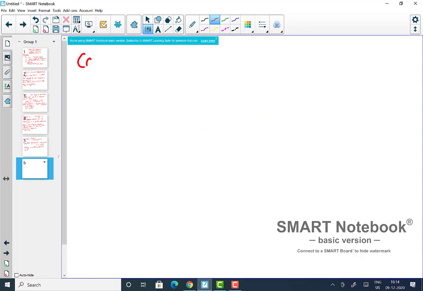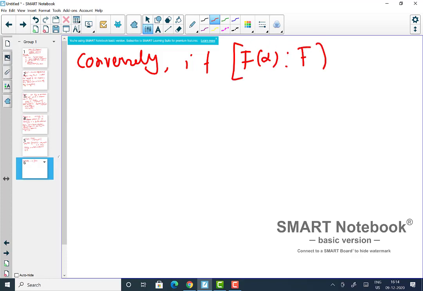So conversely, if the dimension of F(alpha) over F is something, say n, finite means it has to be some integer, right? So dimension cannot be fractions for the standard algebra.